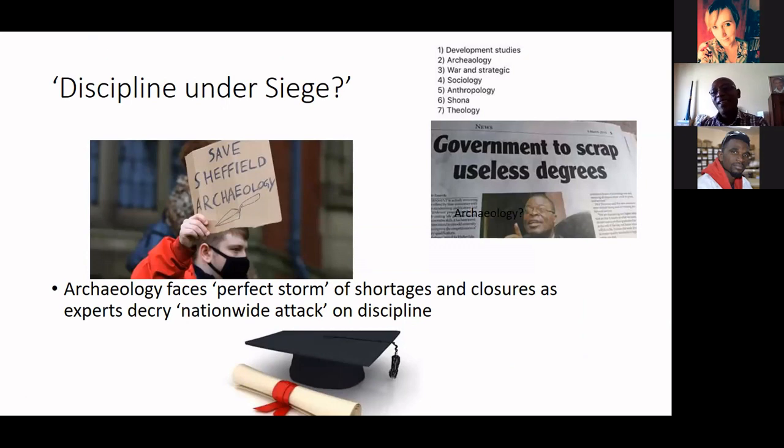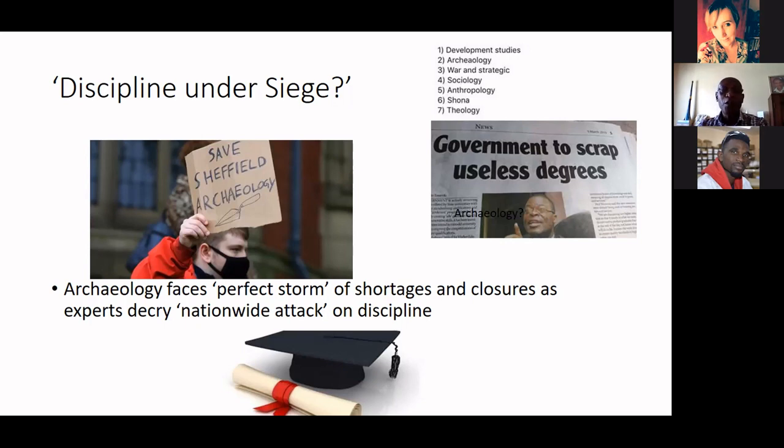But as we look at this, I would like again to reflect on our discipline, which in many ways seems to be a discipline under siege. Talking of Zimbabwe at one point, there was talk of government having to scrap some useless degrees. And on that list, somebody was really notorious and included archaeology. And that again is an issue that we need to reflect on.